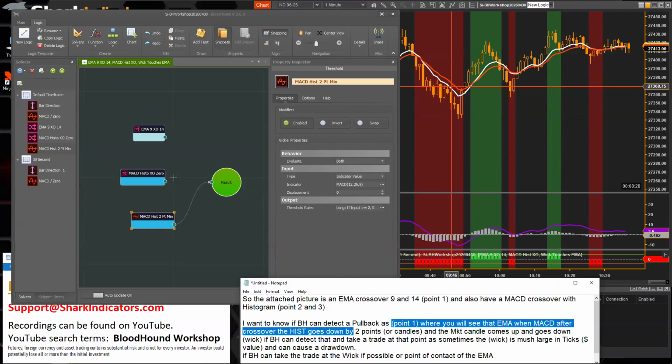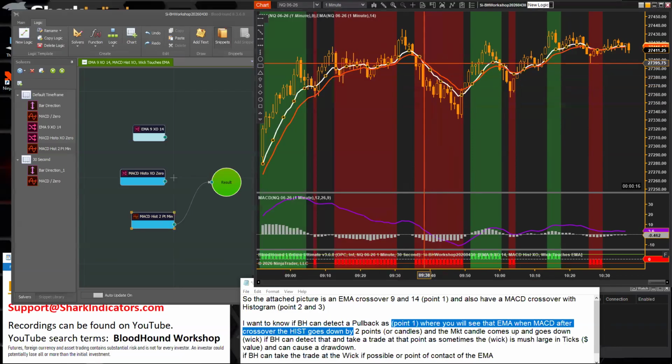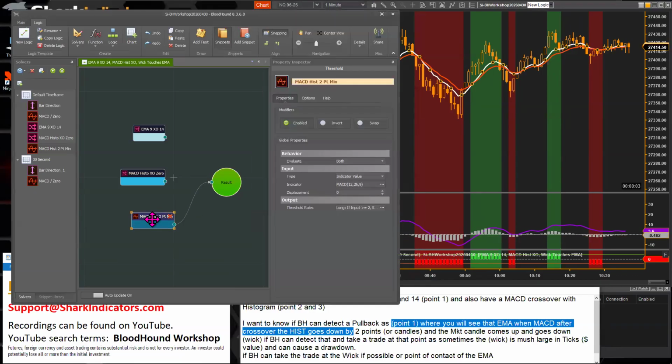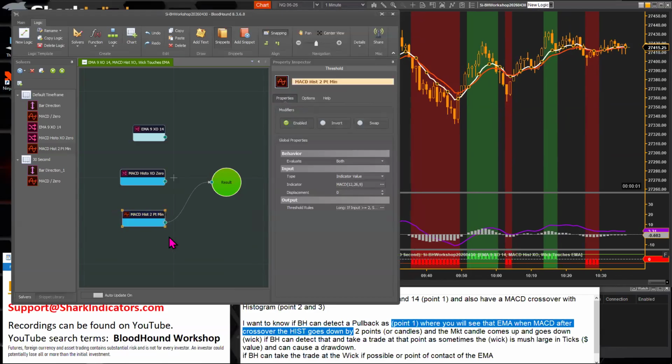In other words, once price moves back down in the direction of the EMA crossover, then your histogram is probably going to generate that 2 point movement there. So, all right. Let's see here.